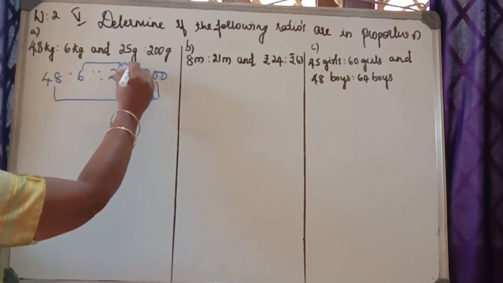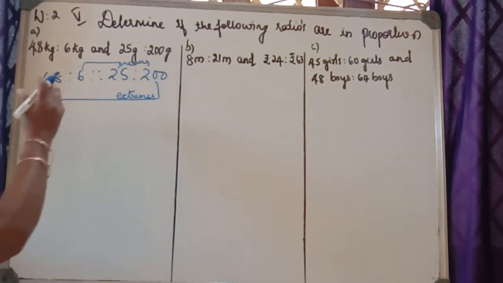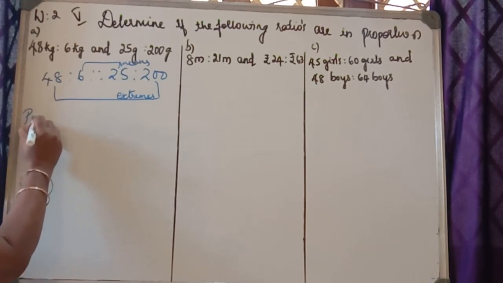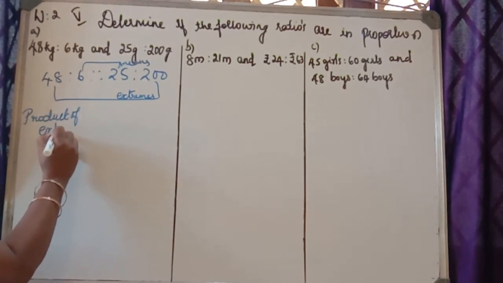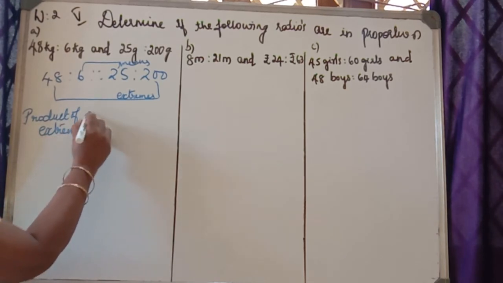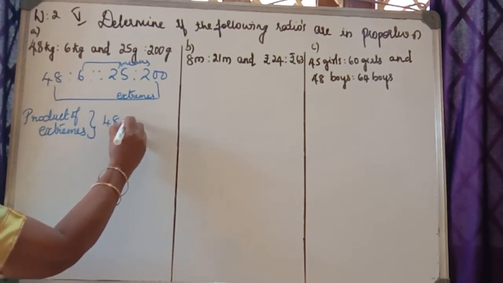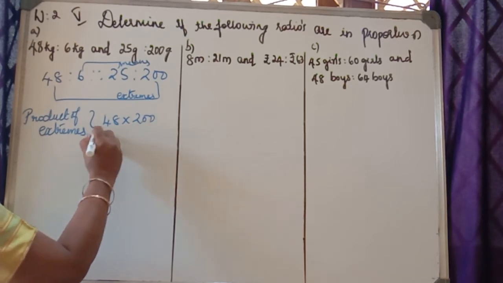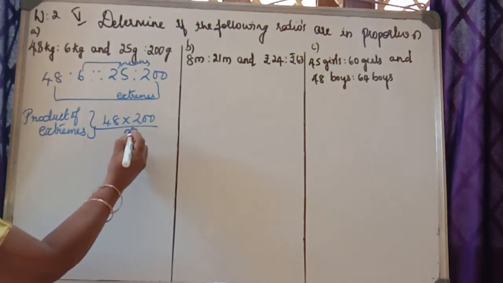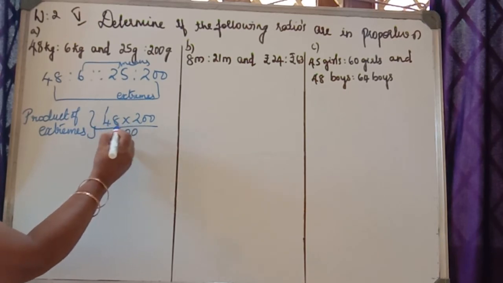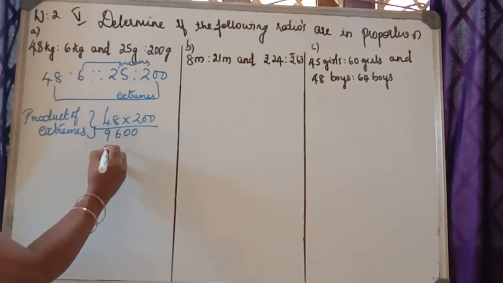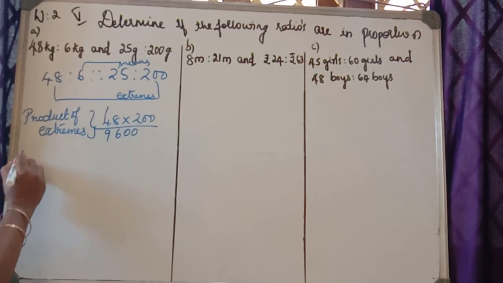We have to find both the products. The product of extremes, that is 48 into 200. 2 zeros, then multiply 48 by 2: 8 2s are 16, remainder 1, 2 4s are 8 plus 1, 9600.